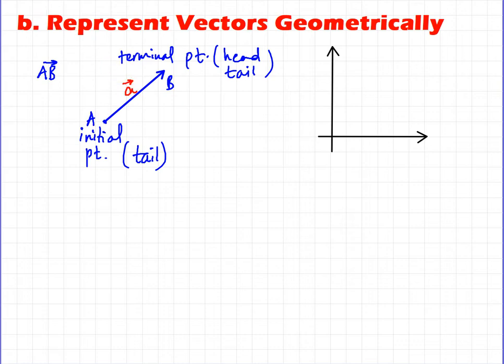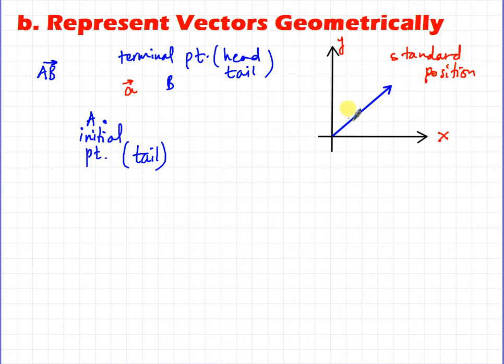Now, if this vector has its initial point at the origin of a coordinate system, if I drag this arrow to the origin here of this coordinate system xy, then we say that this vector is in standard position. So this is the standard position.